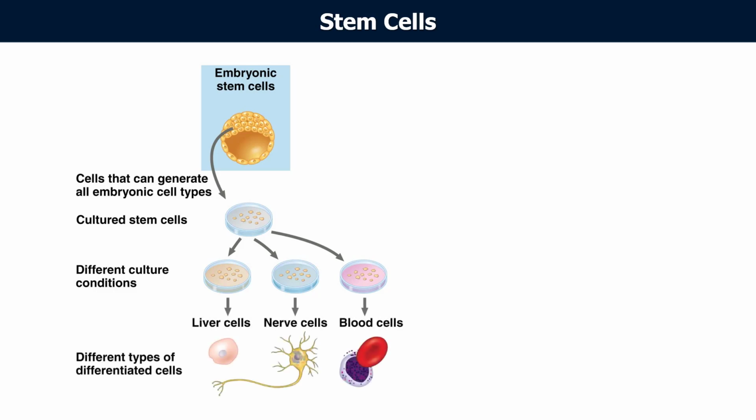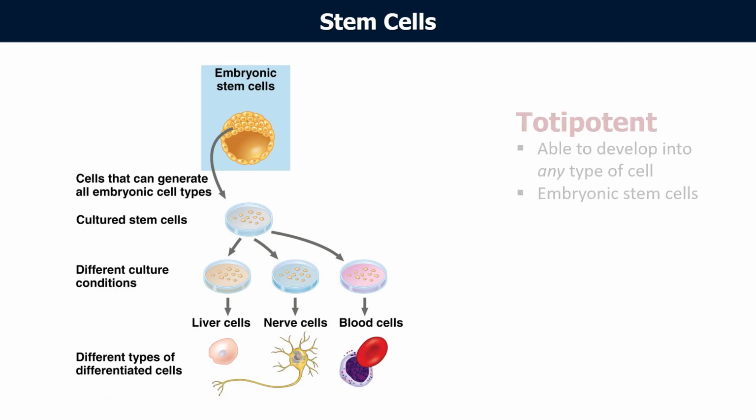And embryonic stem cells can become any type of later cell type. And the term for that is totipotent. The embryonic stem cells are totally potent. They have the potential to become or develop into any type of cell.